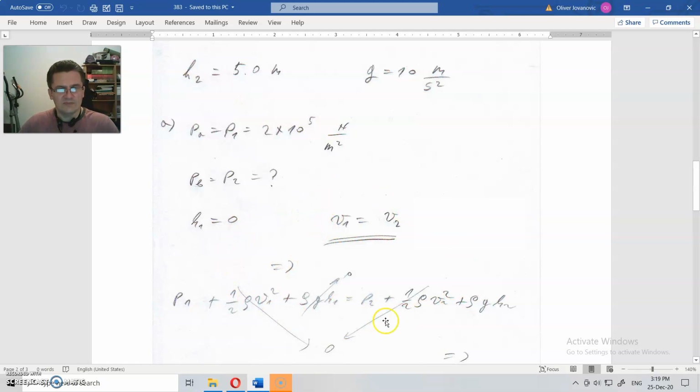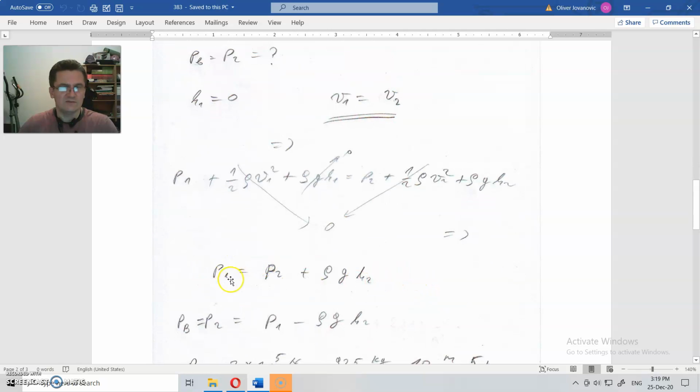And the Bernoulli equation becomes this: this part of the equation is 0 because H1 is 0. And these two parts are 0 because V1 is equal to V2. So we just removed from the scale both identical things. So this equation becomes just P1 is equal to P2 plus rho g H2.